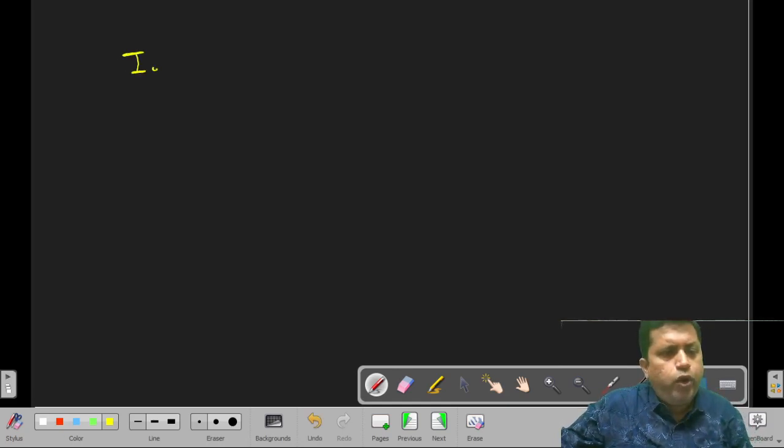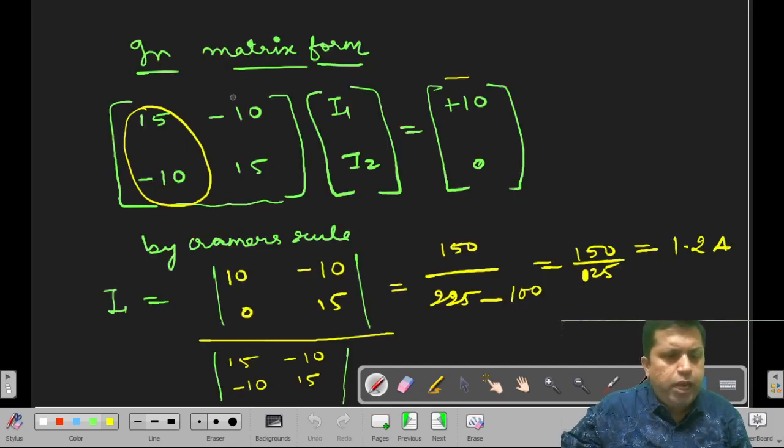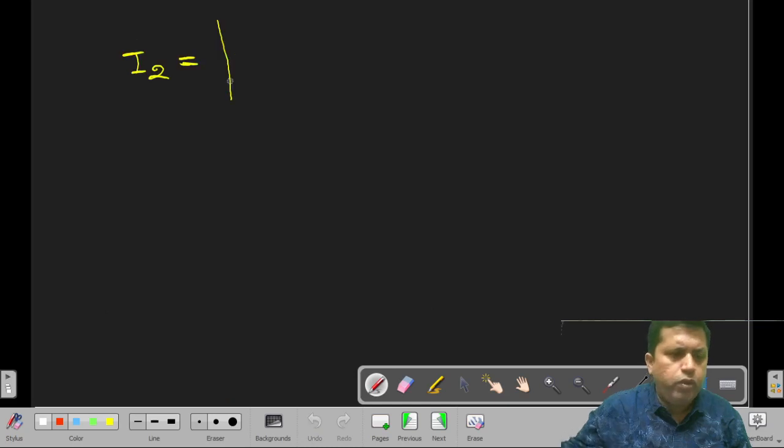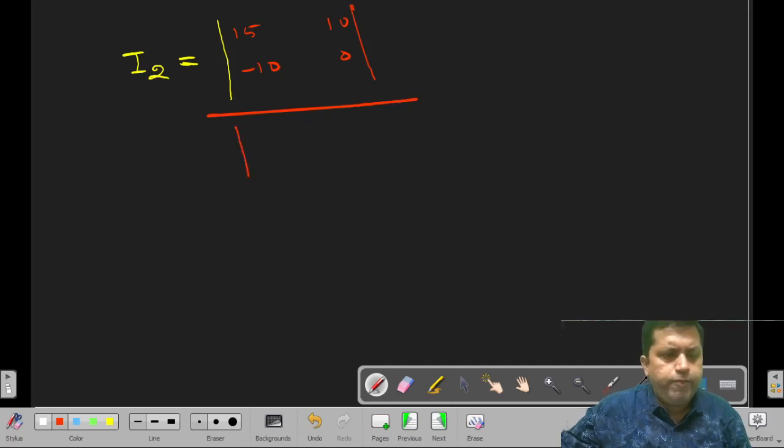Now let us move to finding out I2. I2 is nothing but, see here, the second column will be replaced by the right hand side column. So 15 minus 10, and this is 10 0, divided by the determinant 15 minus 10, minus 10 15.